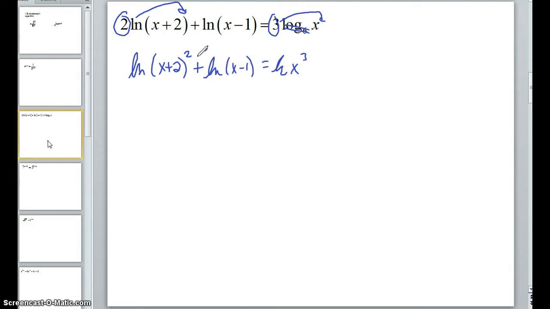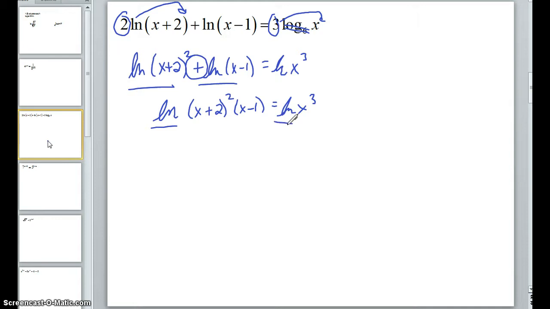Now we have a plus in between two natural logs, so we're going to condense it into one natural log by multiplying the insides together. Okay, that's the property. Now that we have the two logarithms equal to one another, we're going to put the insides equal to one another, so we're going to have x squared plus 4x plus 4 times x minus 1 equals x cubed.